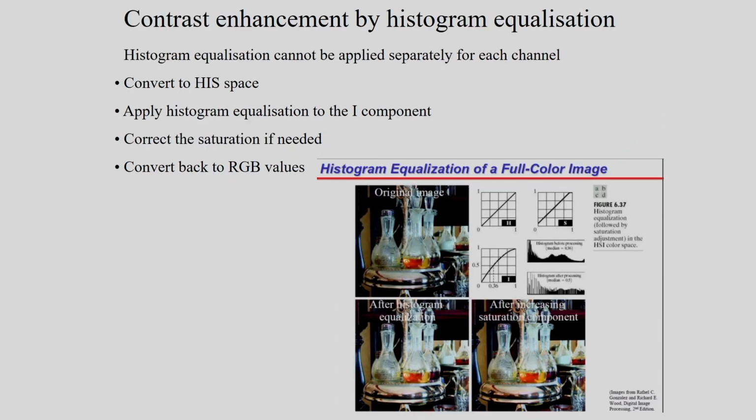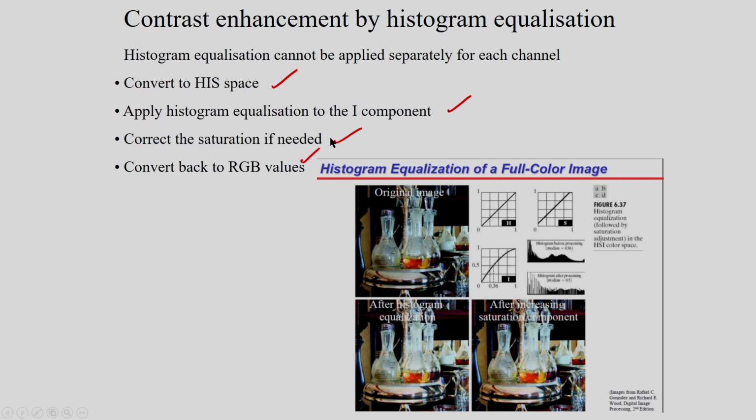In this case I have given one example of contrast enhancement by the histogram equalization technique. First, RGB is converted into HSI color space, that is the first step. After this I am applying the histogram equalization technique for the I component, and maybe I have to do saturation correction, correct the saturation if needed, and after this the HSI is converted back to RGB.